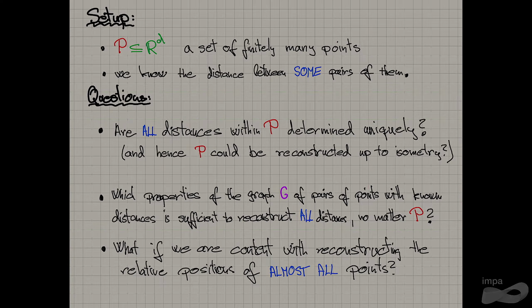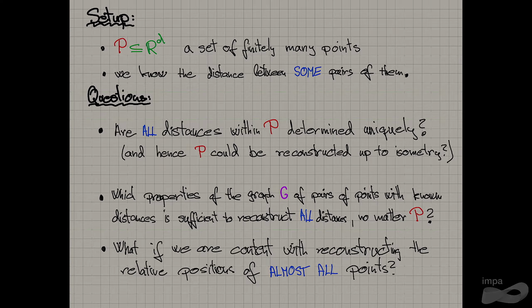The maybe more important question is that not only in this particular position I want to know the shape of the flock, but ideally I would like to know this no matter how the points, or the birds, are distributed in the air. So I would like to have a graph G where, if I know the distances for the edges, then I can reconstruct all distances between the points.